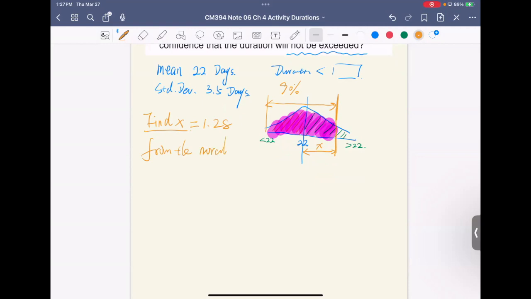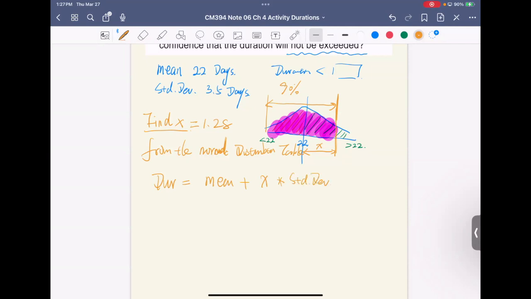You can call it the normal distribution table. Does that make sense? From the normal distribution table, once you determine the X, then you have your duration is equal to your mean plus X times the standard deviation.